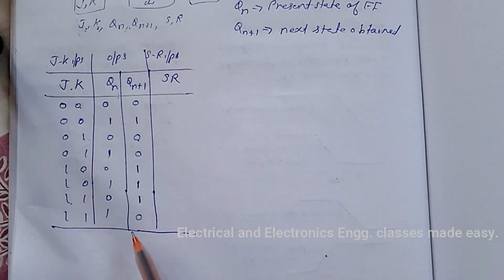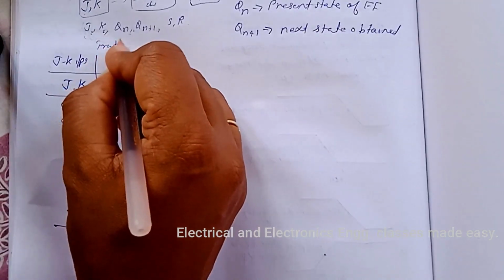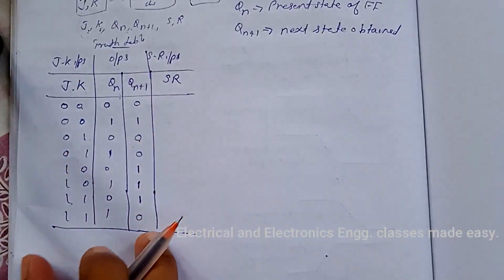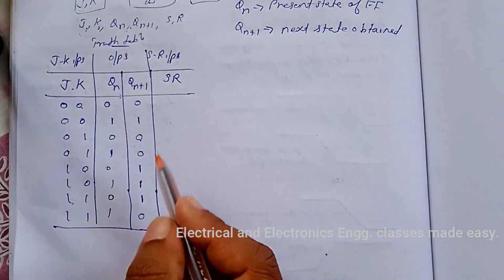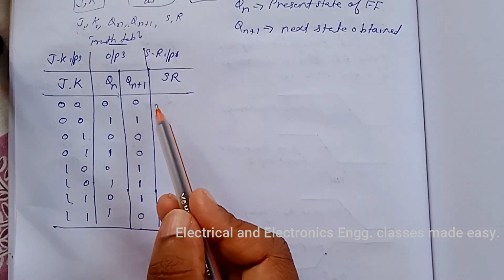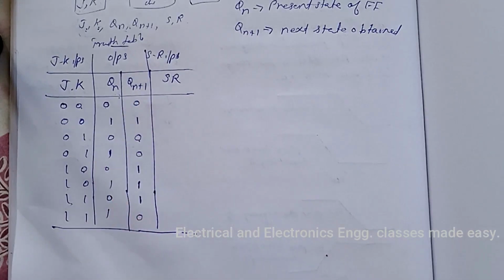So like this we have to complete the truth table. So this is the truth table. So we have to complete this truth table. Now we have to write the values for S and R corresponding to these Qn and Qn plus 1.